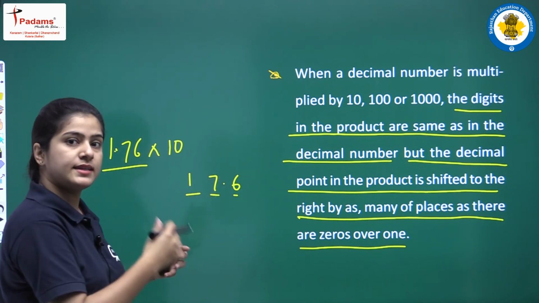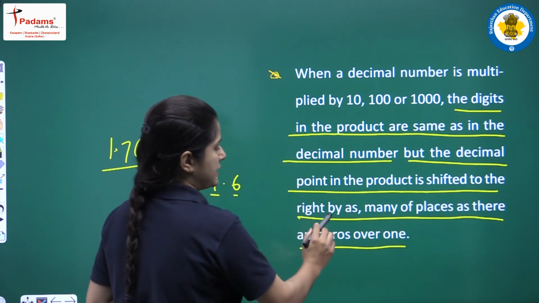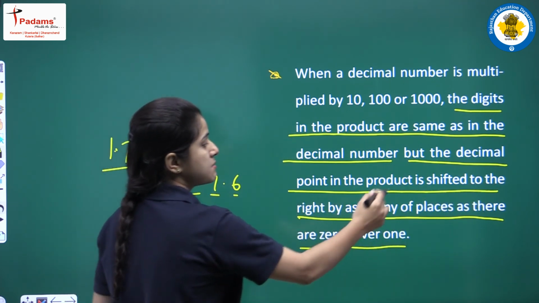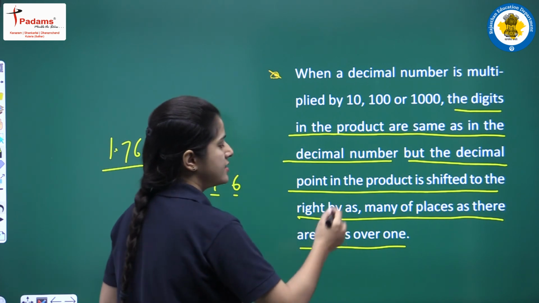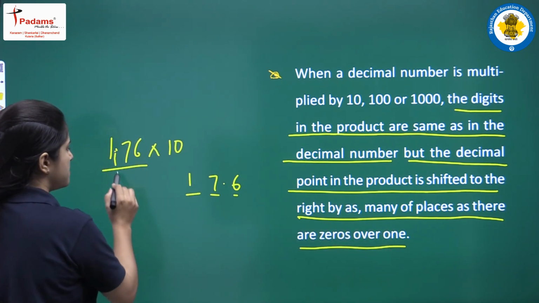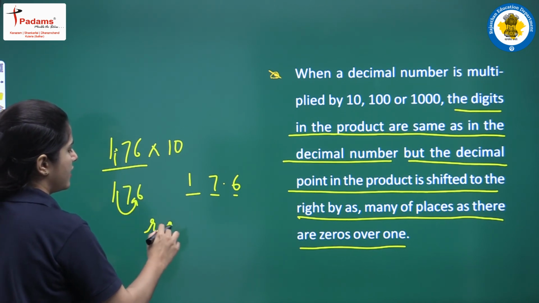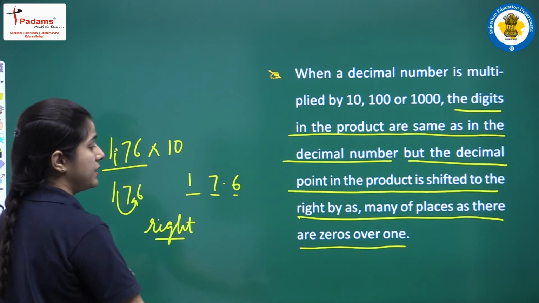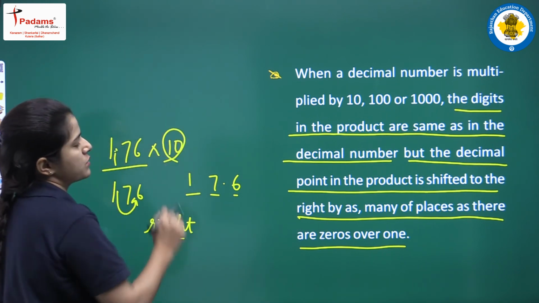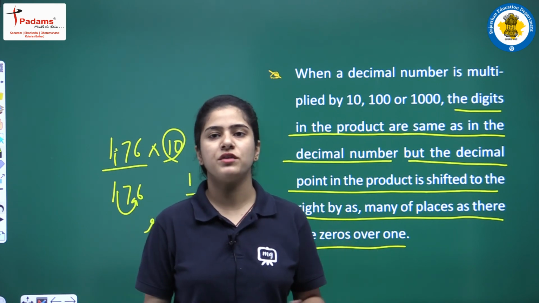So the decimal is shifted to the right by as many places as there are zeros over 1. The decimal was first here and it is shifted to the right side. By how many places? By the number of zeros that are multiplied over 1. Alright students, this is what we have discussed.